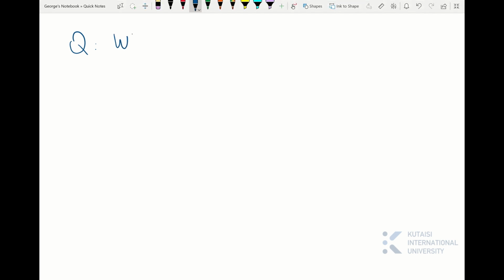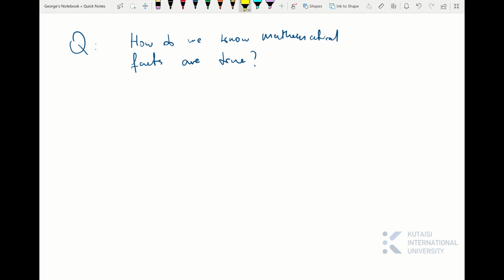So the question is, how do we know some mathematical facts are true? Whatever this means, this is actually vague. But how do we know some mathematical facts are true?